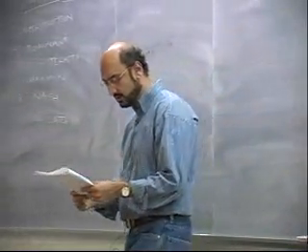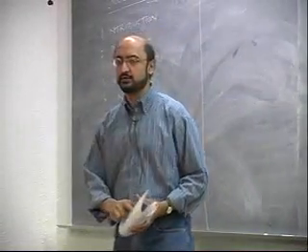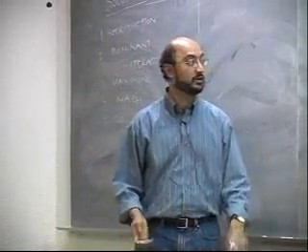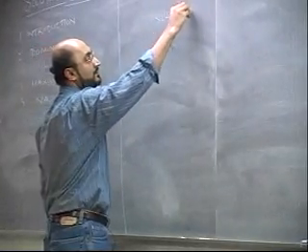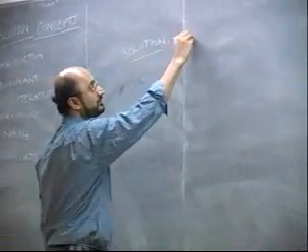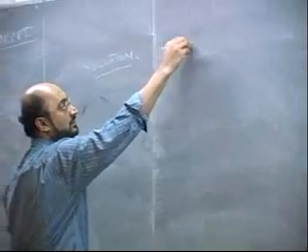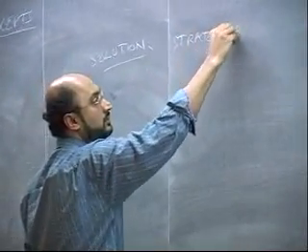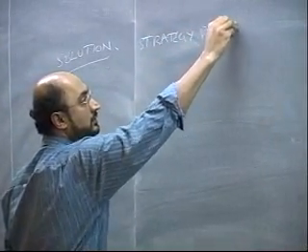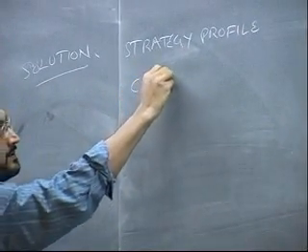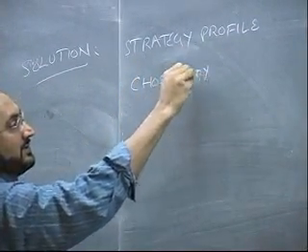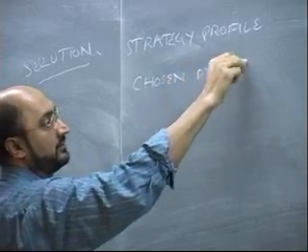Now it turns out that the solution that we come up with depends on the concept. So solution is basically the strategy profile chosen by rational players, and by rational I mean utility maximizing players.